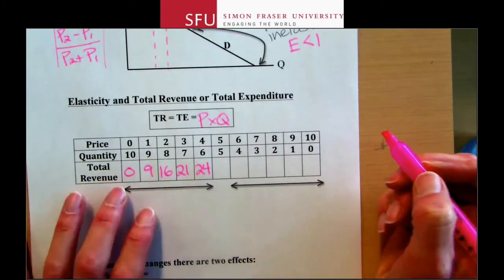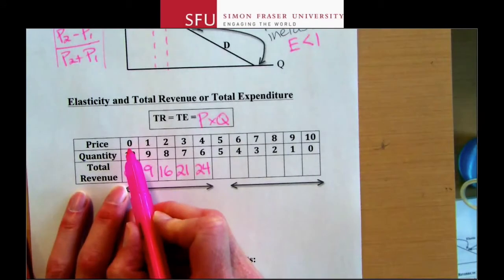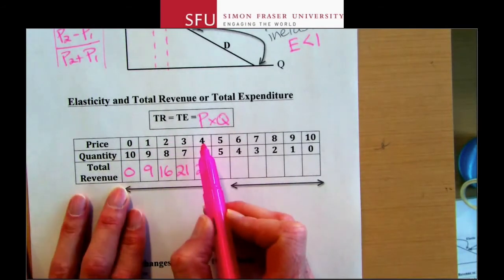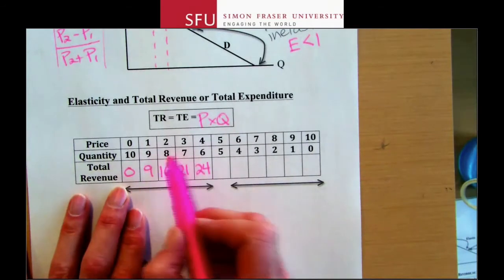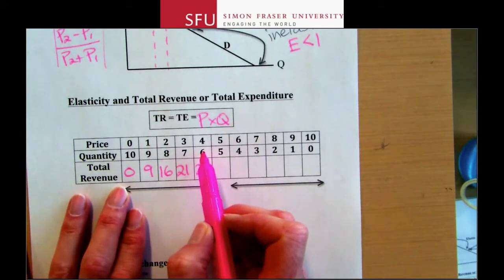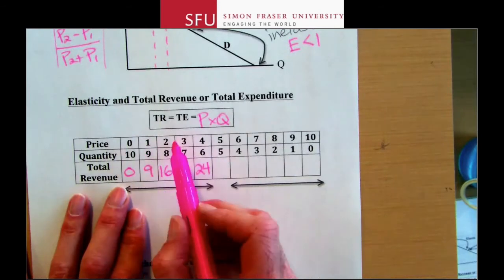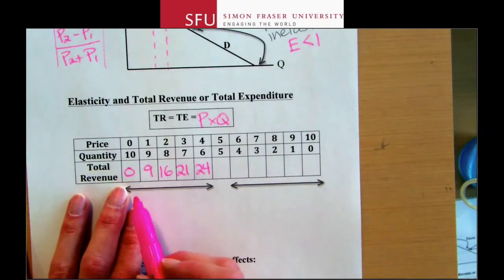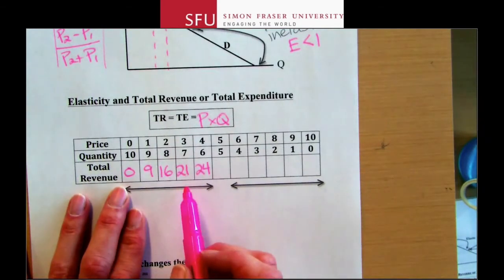So what's happening is that this is you increasing your price. Then as you increase your price, you are selling less of the good. But the increase in the price is more than making up for the decrease in the quantity, and therefore you make more money, right?